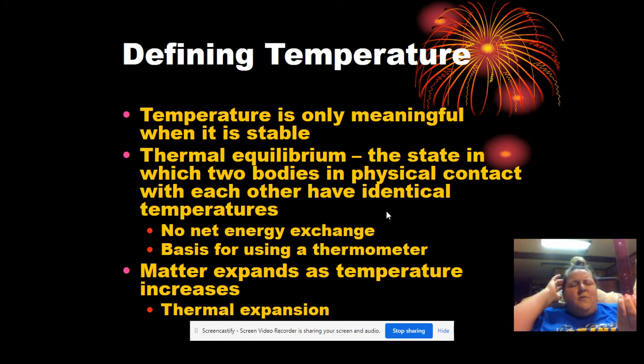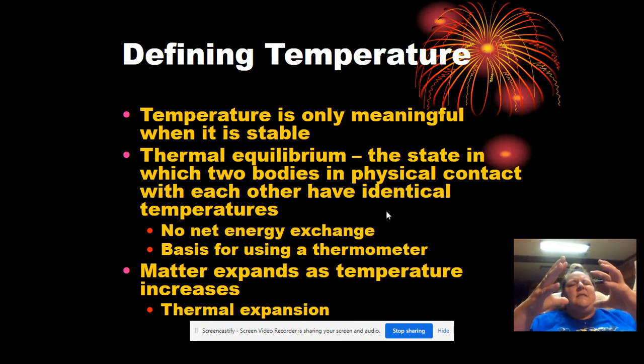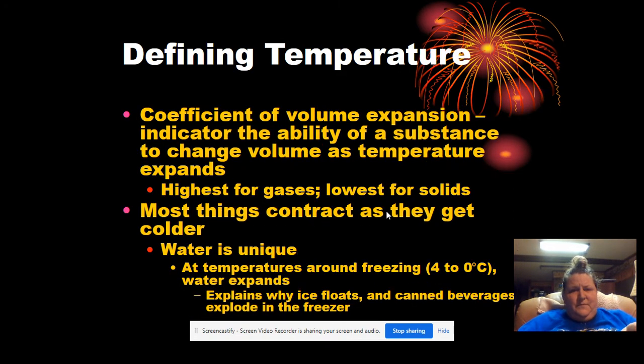We're going to use the principle that most objects, as they get warmer, get larger, they expand. And most objects and liquids, when they get cold, contract, they get smaller. It's this thermal expansion and thermal contraction that is the idea behind a thermometer.